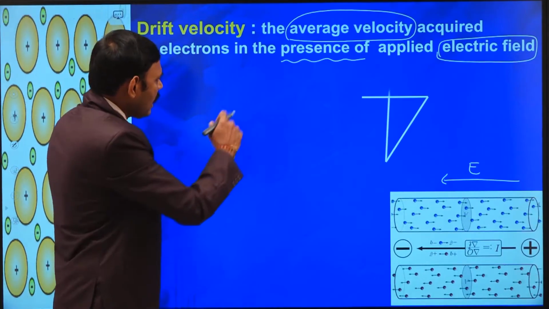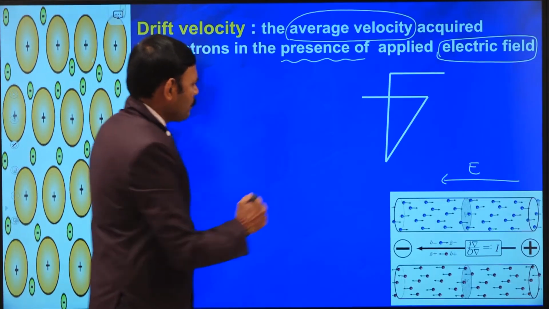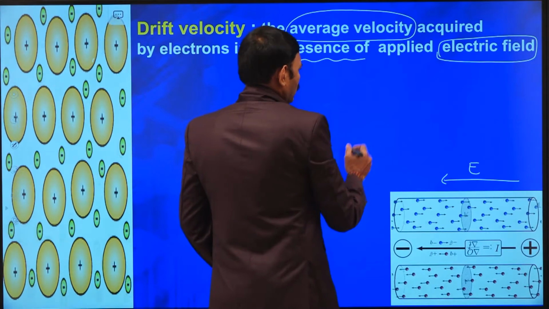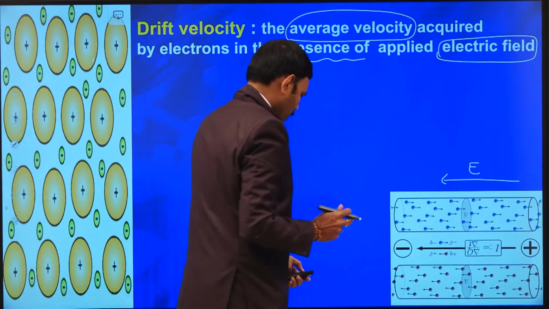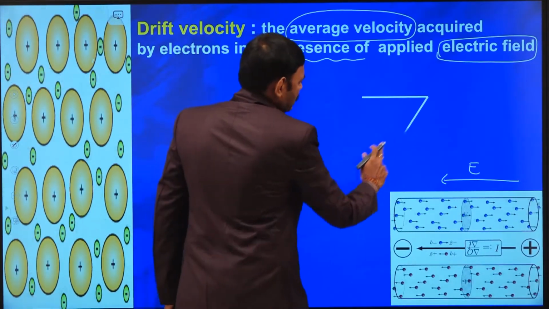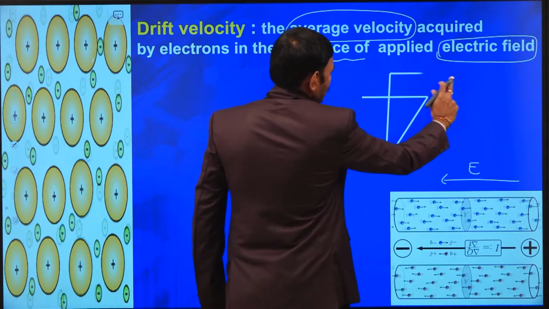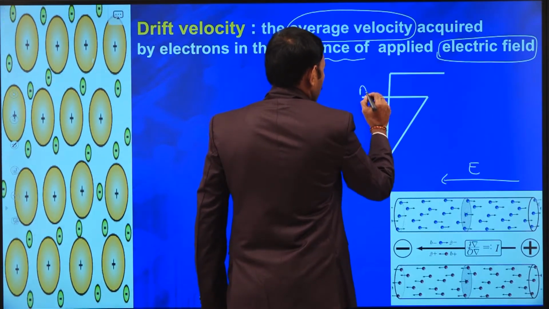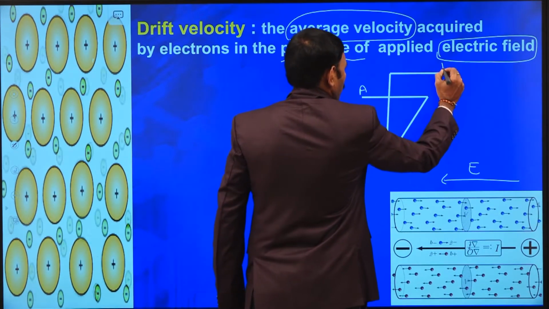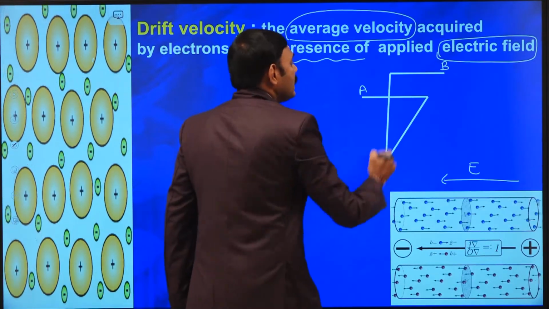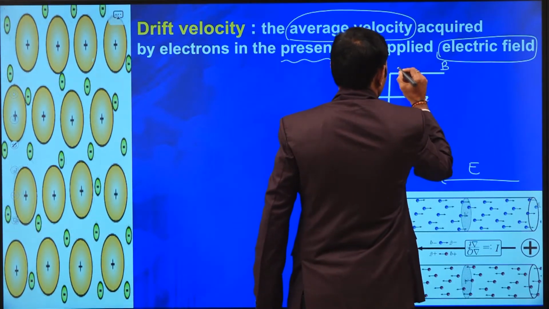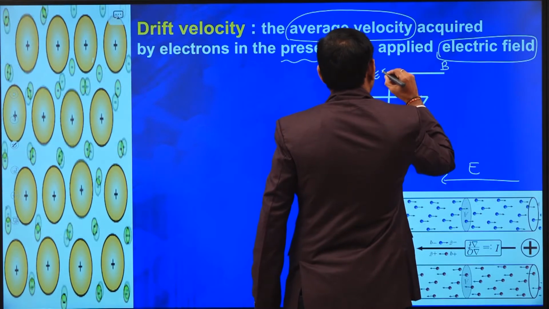Here, see the animation. Once again I will show, let us consider the electron starts from this point, and due to collisions it travels like this. Let A be the initial position and it reaches ultimately point B. In the absence of electric field, here we assume E is equal to 0.